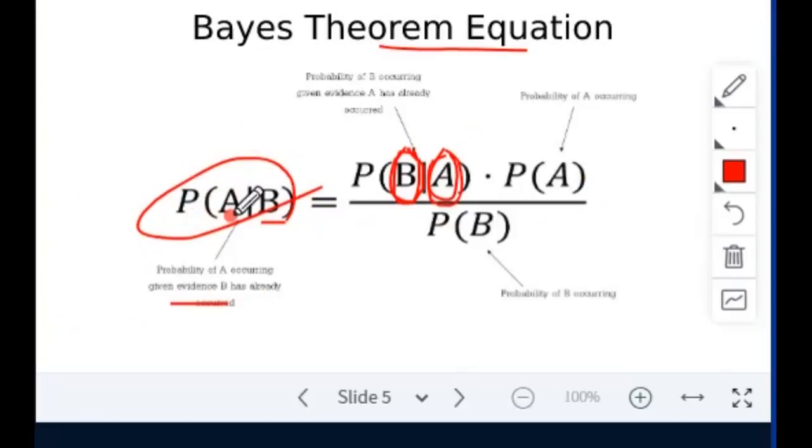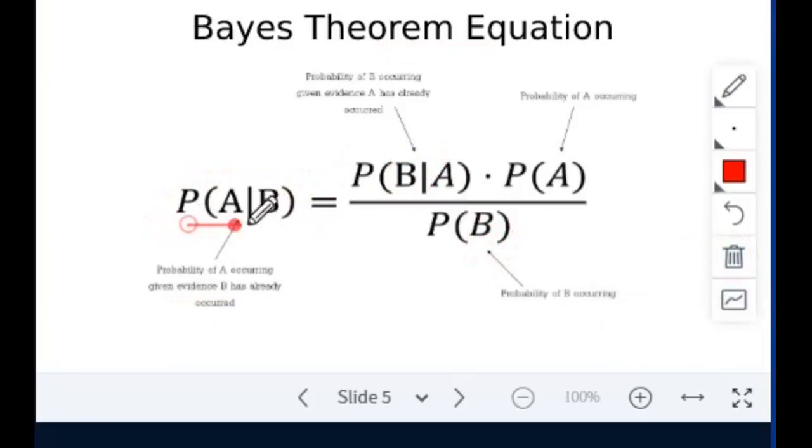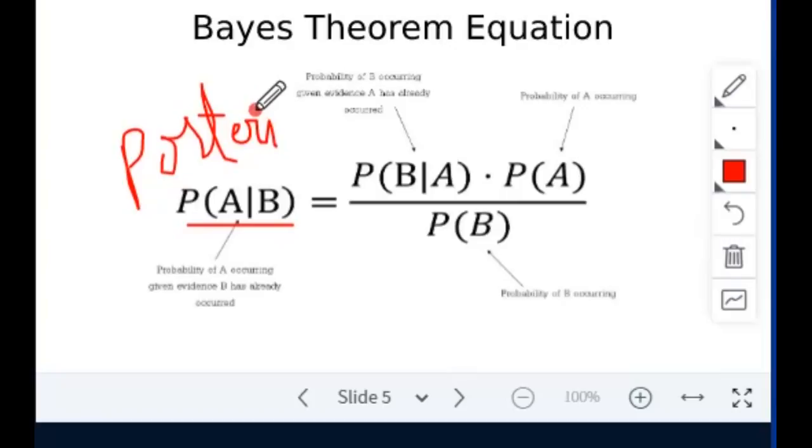So P of A given B, we call it the posterior. This part we call the likelihood.